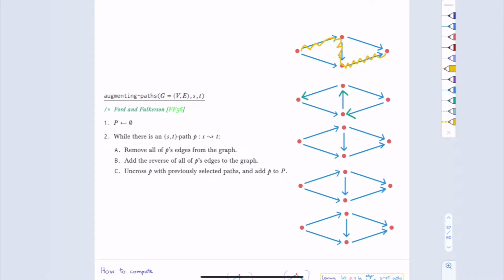Okay, so I've already taken this yellow path, but it's not too messy. And I've now added back the reverse edges. I don't know if you can tell, but there's now green arrows in the opposite directions. Now I'm going to look in this path. Okay, let me do something better.